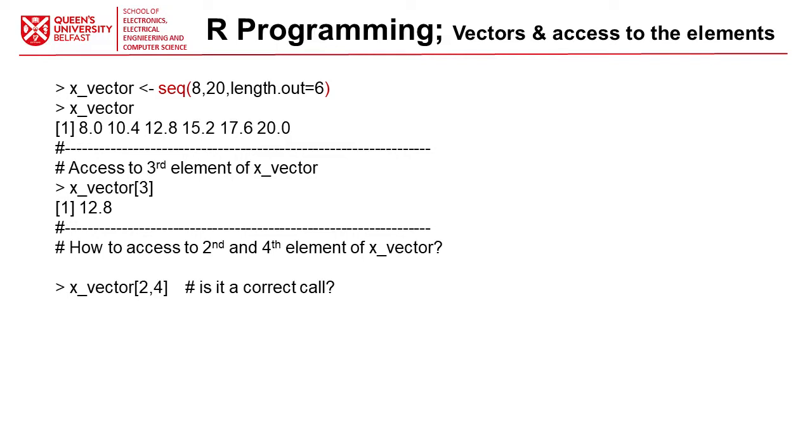How can we access the second and fourth element of the x vector? x_vector[2, 4]. Is this command correct? You're going to access the second and fourth element of this vector. My question is, is this command correct or not?